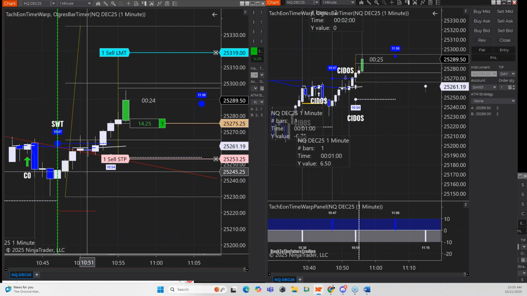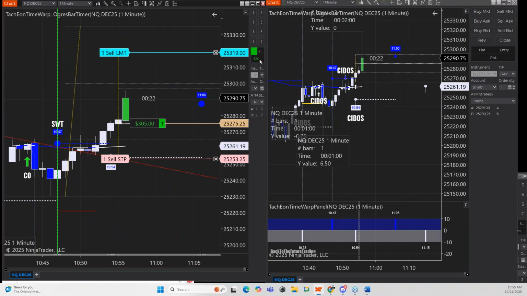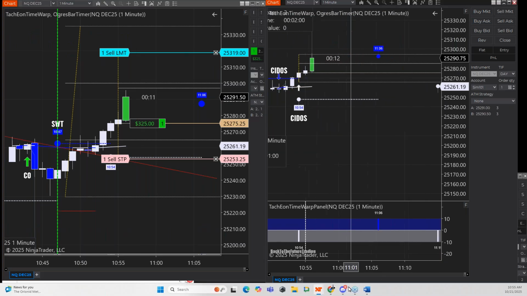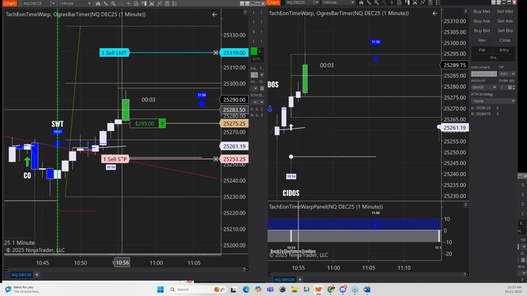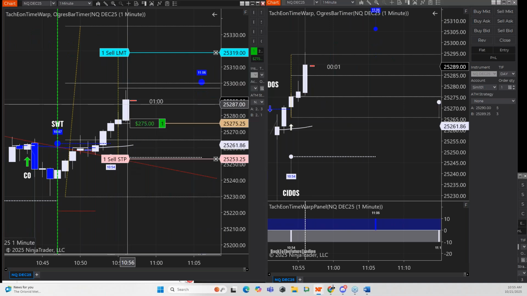Here we are, we're up $16, about $300 so far, $400 almost. And to get to break even, we need to go to 297 even. We're still just shy of that. We got to 95, 75.